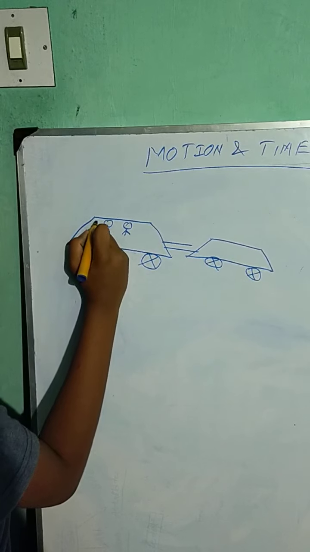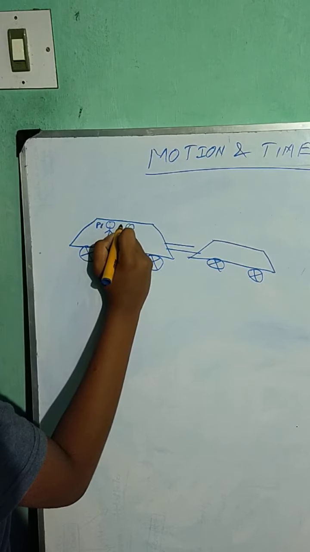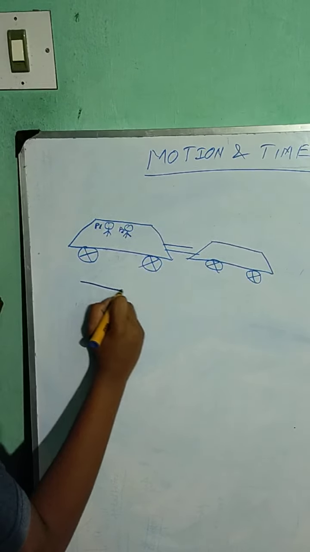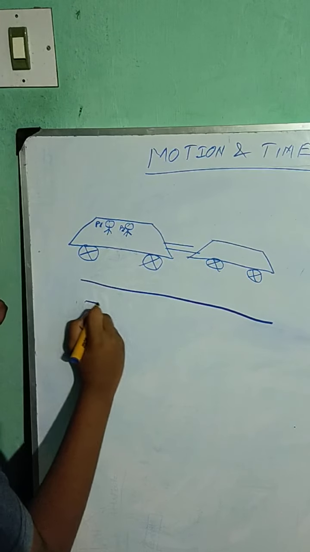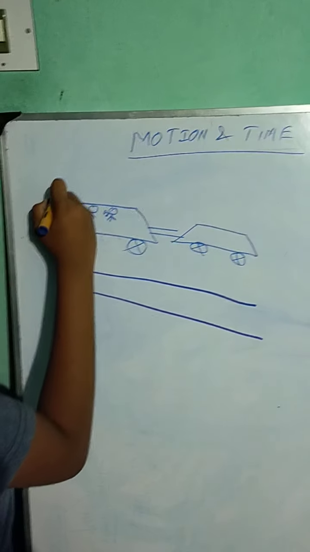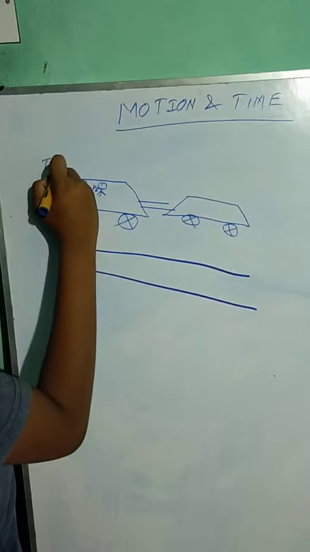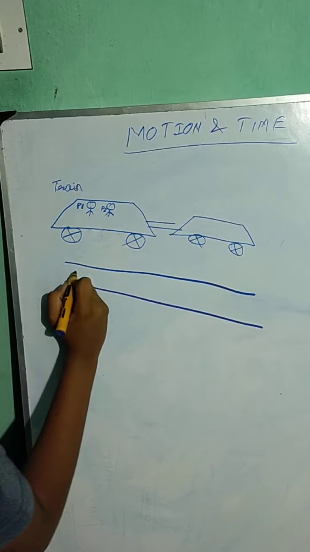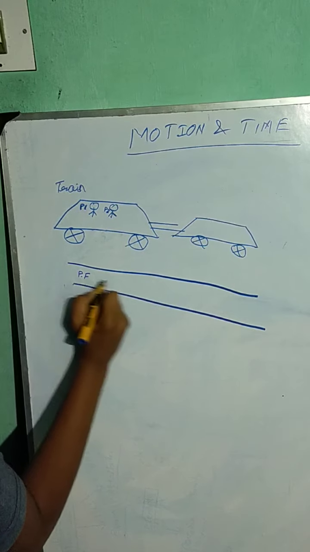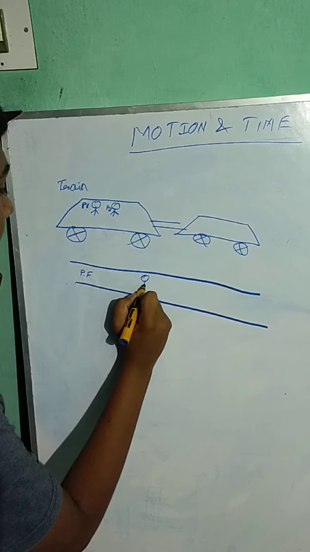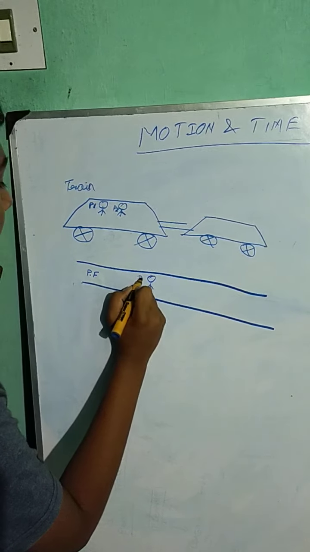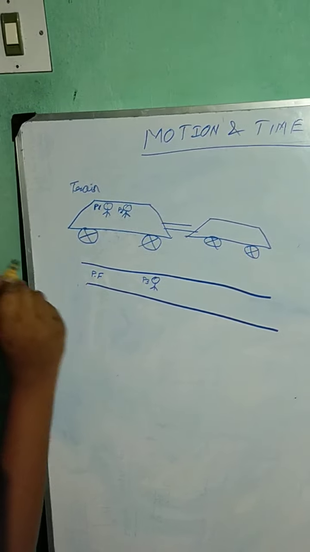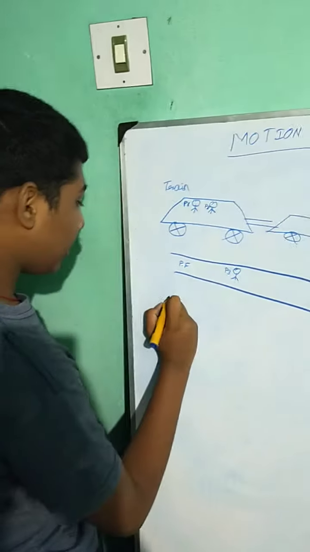Let's mark them as passenger 1 and passenger 2. And there's also another person who is standing on the platform. This is the train. This is the platform. Let's name the person on the platform passenger 3. So there are three scenarios here.